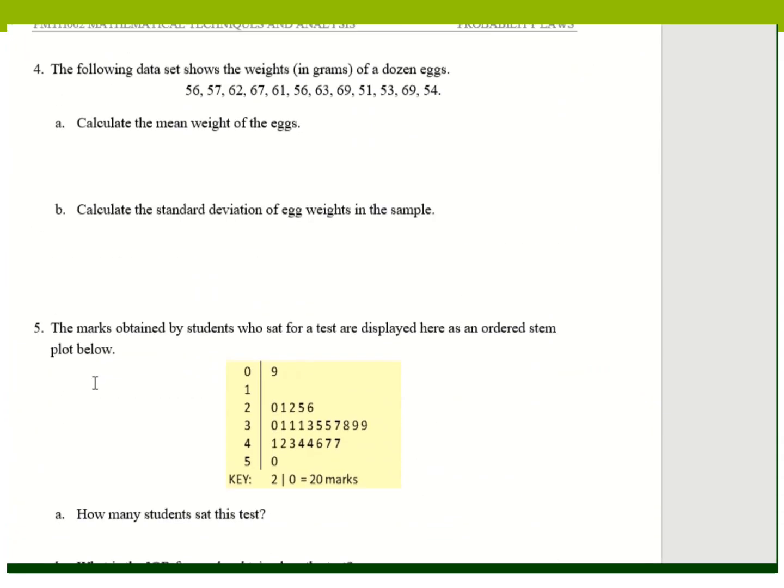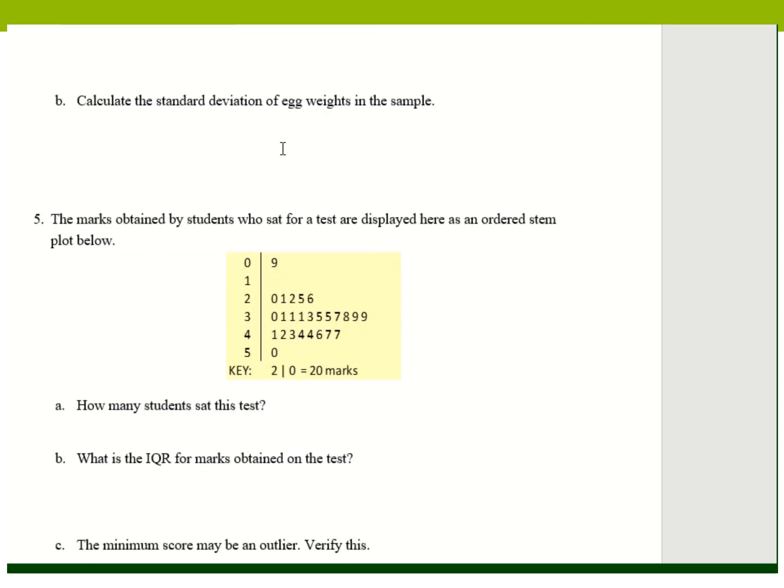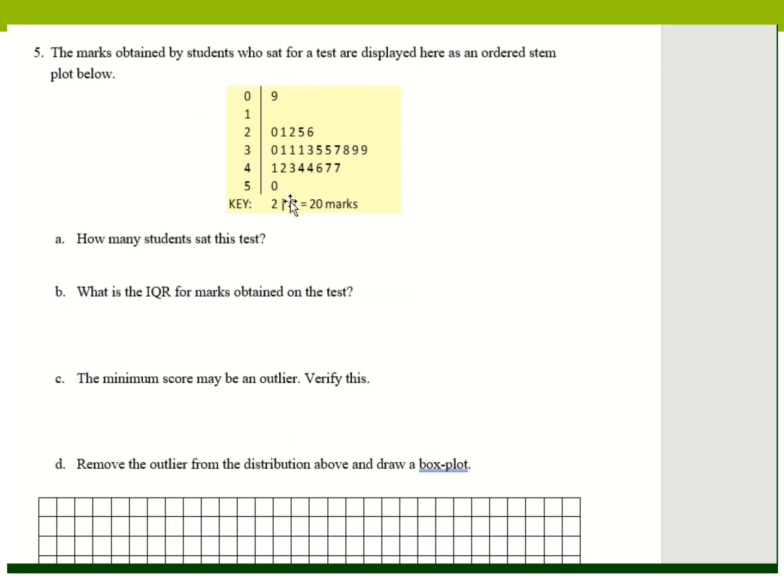So question 4 is the same. You have ungrouped data. You just calculate the mean. You find the standard deviation, and that's about it. Okay, question 5. How many students sat for the test? You're going to give me your N. Find your IQR using the stem and leaf. The minimum score may be an outlier. Verify this. How do you verify an outlier? There's only one way. You find your lower boundary.